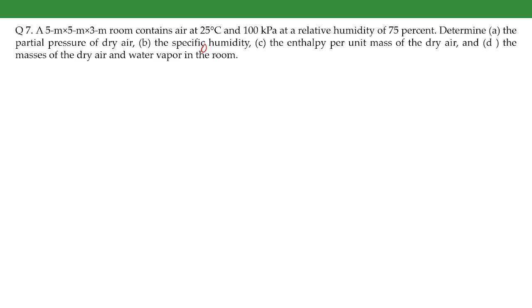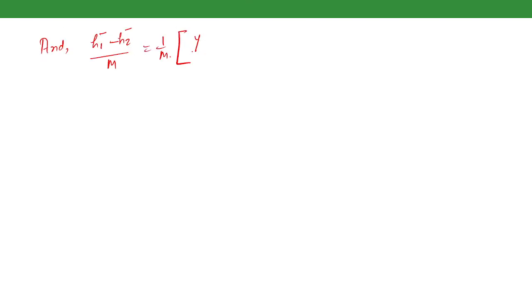And this value, (h1 bar minus h2 bar) by M, is equal to 1 by M multiplied by y of oxygen times (h1 bar minus h2 bar) for oxygen plus y of carbon dioxide times (h1 bar minus h2 bar) for carbon dioxide.